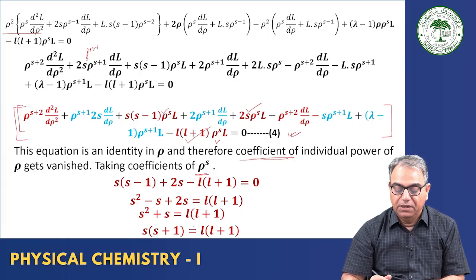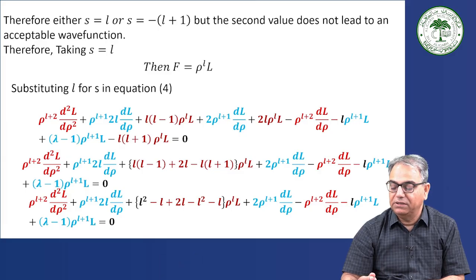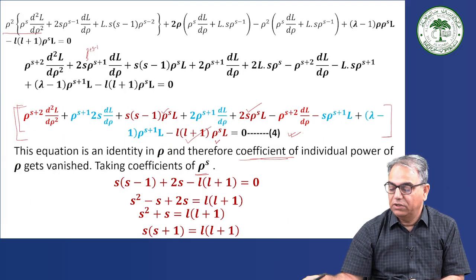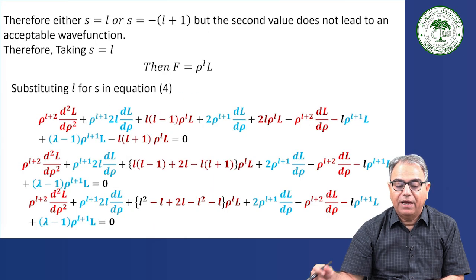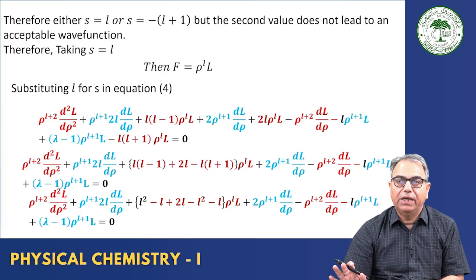It means s is equal to L. Or you can check that if s is equal to minus L plus 1, then also you can write the previous equation, s into s plus 1 is equal to L into L plus 1. In both conditions this equation is followed, either s is equal to L or s is equal to minus L plus 1. But the second value does not lead to an acceptable wave function. So we say s is equal to L.